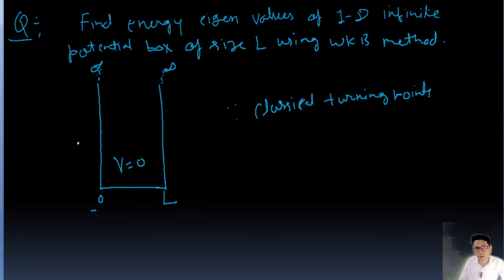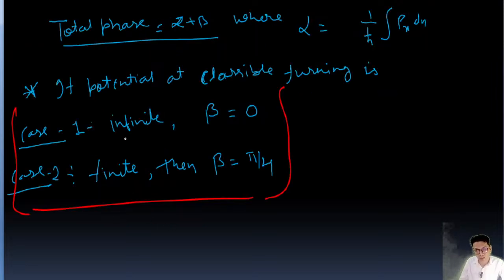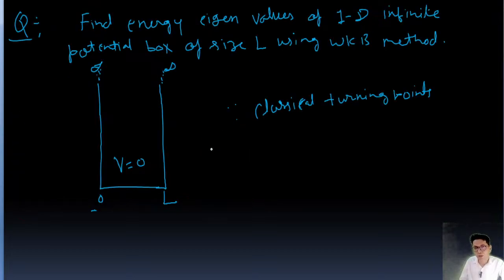I have already written the condition, right? If the potential at the classical turning point is infinite, then the beta value is 0. If finite, then the beta value is pi by 4. So here the classical turning points are 0 and L. At these points we can see the potential is infinite, but between these points the potential V is 0.